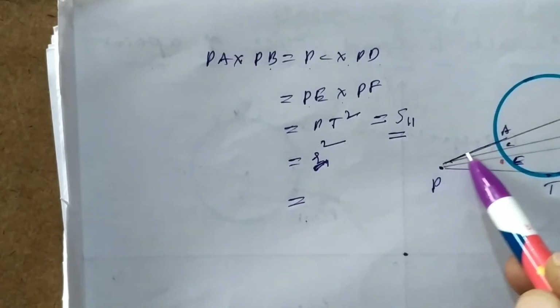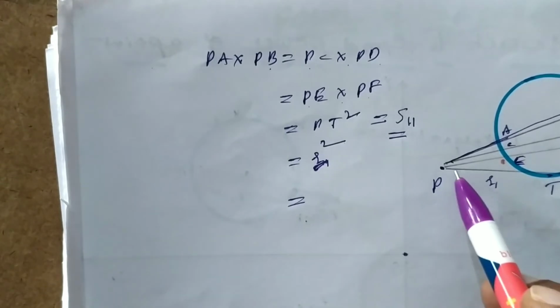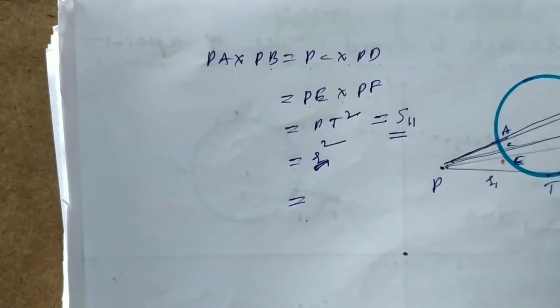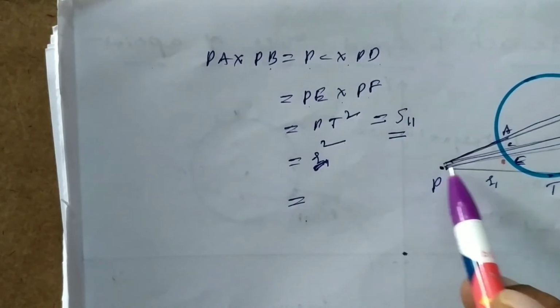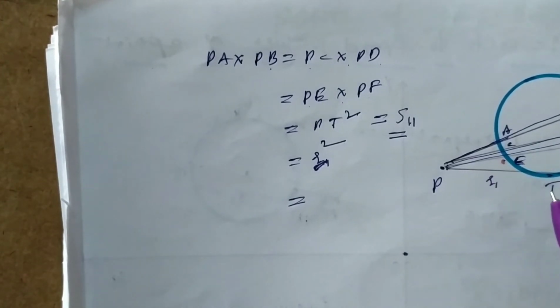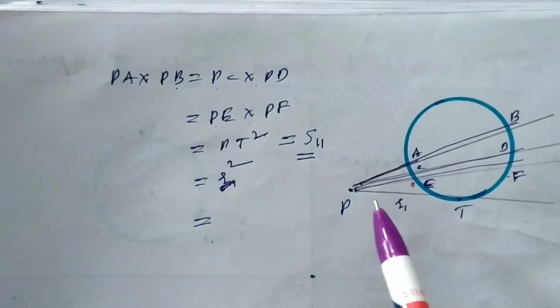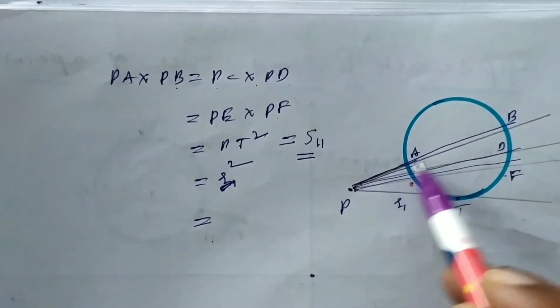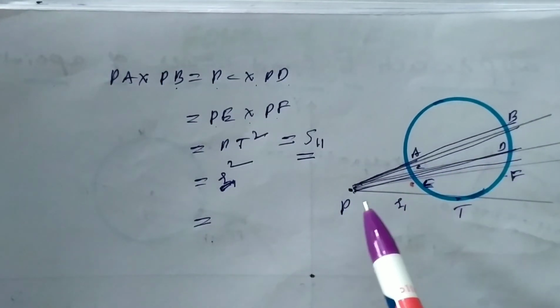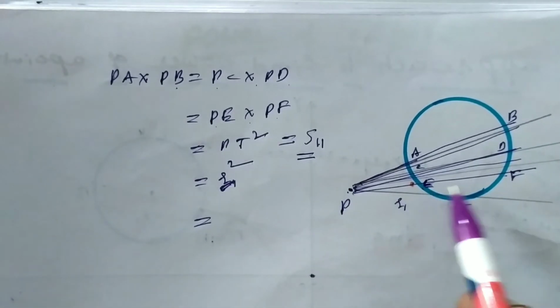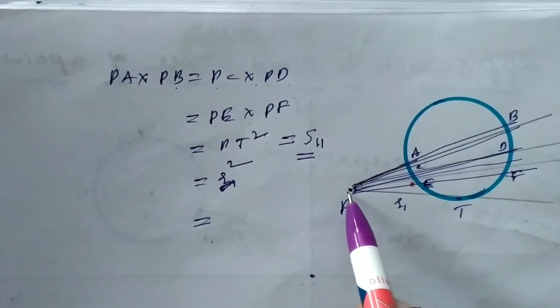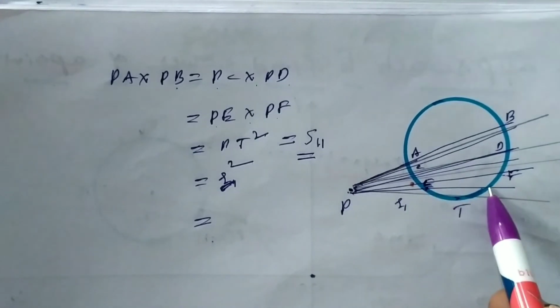The line intersects the circle at A and B; next its position changes to C and D, next to E and F. Ultimately, in the limiting case, the two intersecting points coincide with each other.